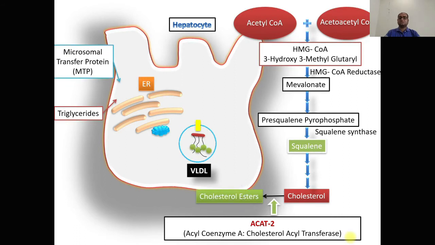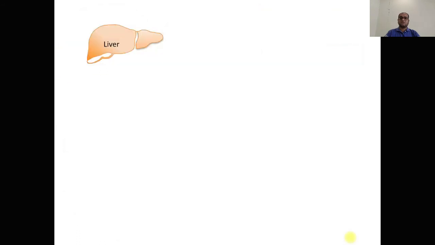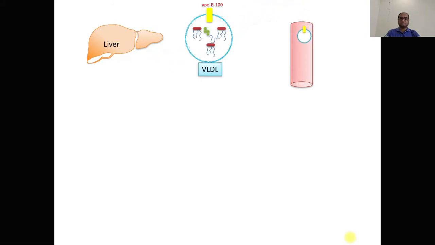This goes again into the internalized structure of the VLDL, which is going to generate the actual VLDL. Now this VLDL will go into the systemic circulation.